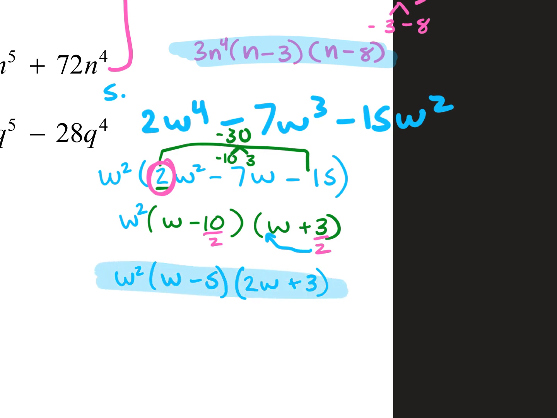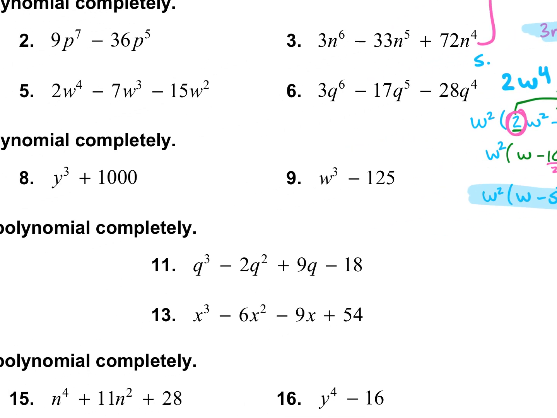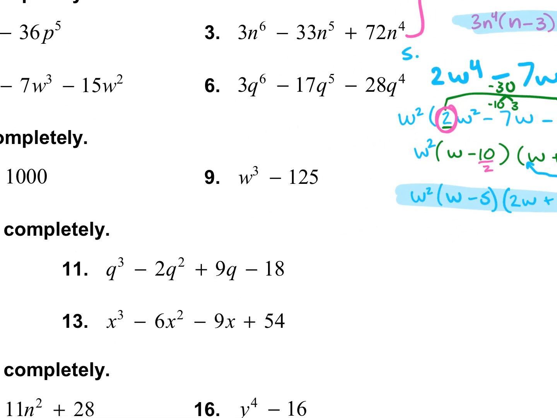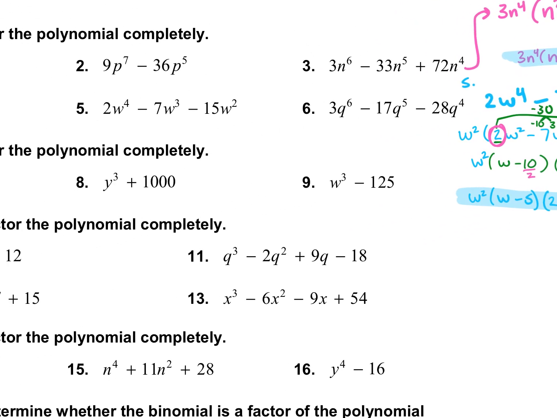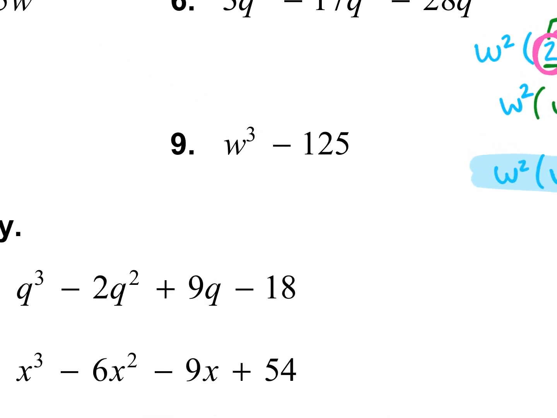All right, let's take a look at, we'll do number 9. So I have w cubed minus 125. How would I factor this? It's our difference of cubes here. So we use our cube formula. Our cube formula goes (a minus b)(a squared, ab, b squared).